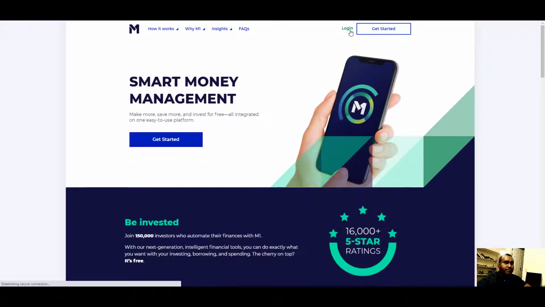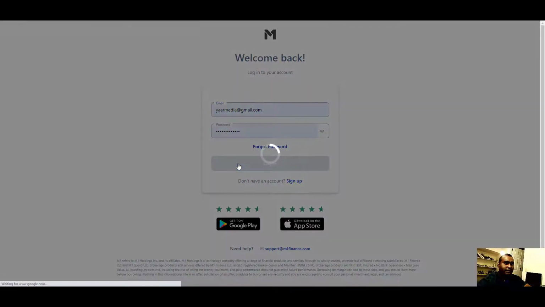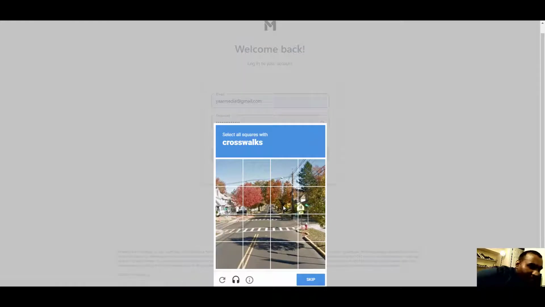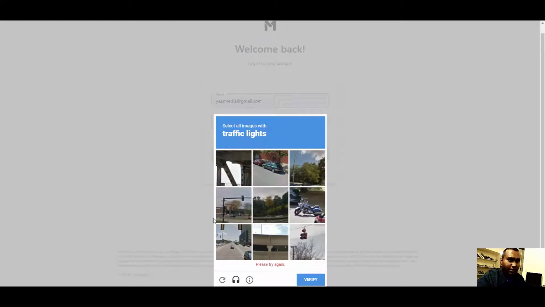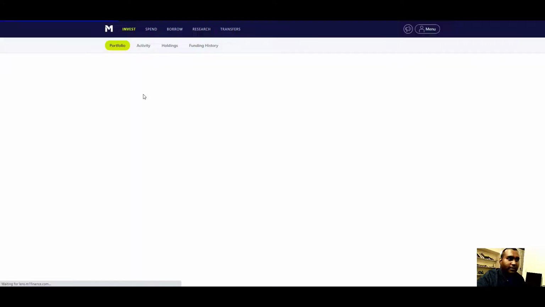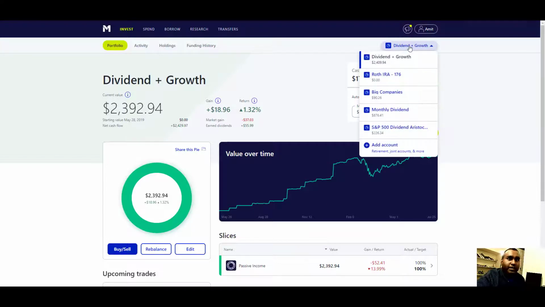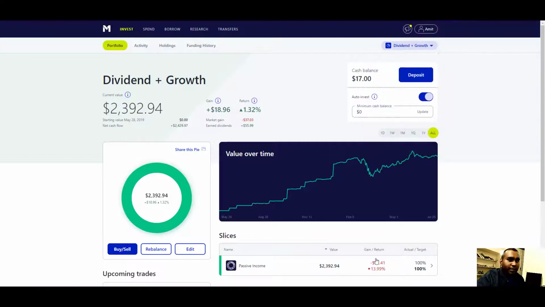So here's my portfolio. I can show you. One second. Let's find the portfolio, guys. Okay, so here's this portfolio that you see right here, dividend plus growth, right?